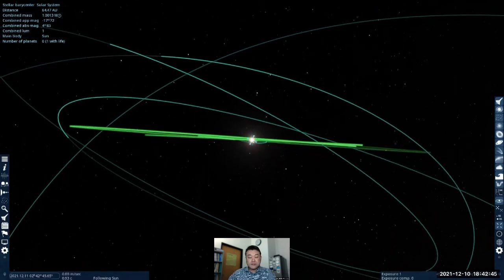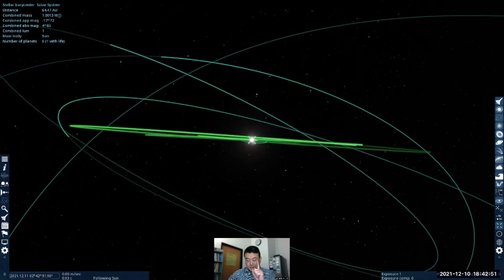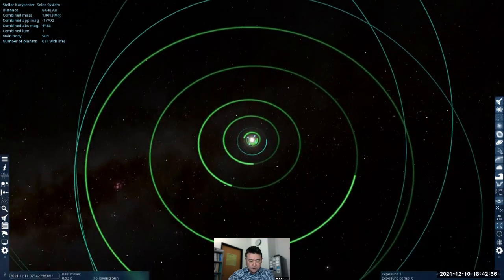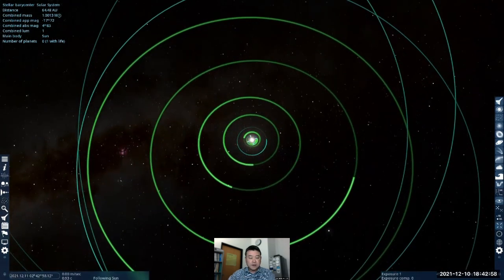So the net angular momentum of the solar system is in the direction perpendicular to this plane. And that's also the reason why when you look at the solar system, there's a natural direction that everything is rotating in. That's the direction that corresponds to the net angular momentum of the solar system.